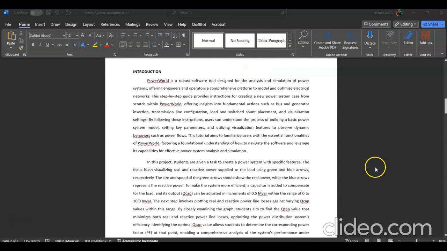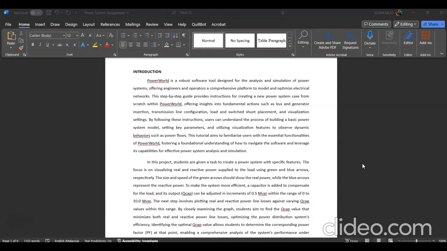PowerWorld is a robust software designed for the analysis and simulation of power systems, offering engineers and operators a comprehensive platform to model and optimize electrical networks. This step-by-step journey provides instruction for creating a new power system case from scratch within PowerWorld, offering insight into fundamental actions such as bus and generator insertion, transmission line configuration, load and switched shunt placement, and visualization settings.